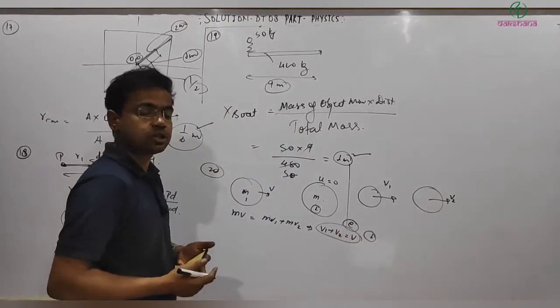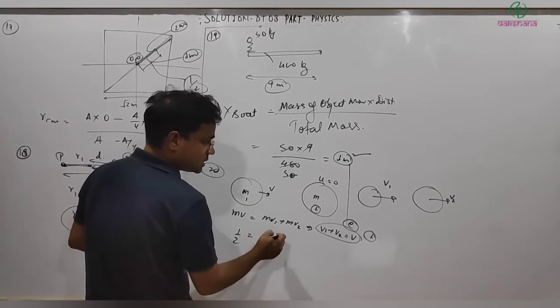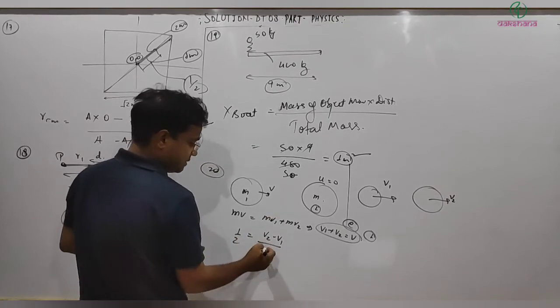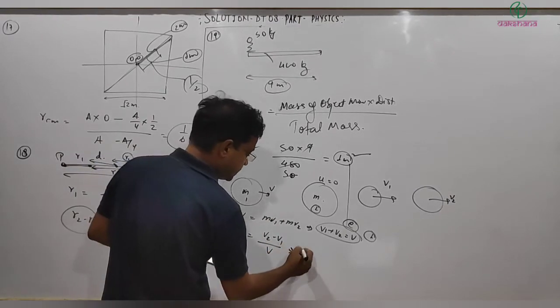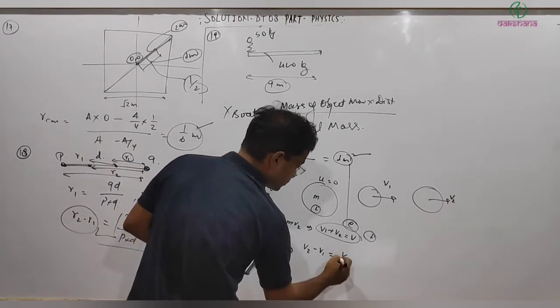Another equation is from the coefficient of restitution, which is v2 minus v1 divided by the velocity of approach, which is v. This implies v2 minus v1 is equal to v by 2.